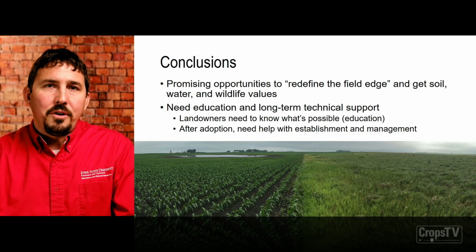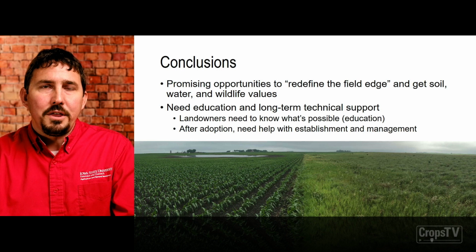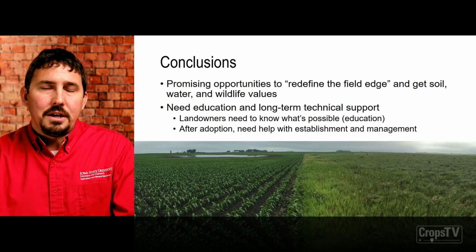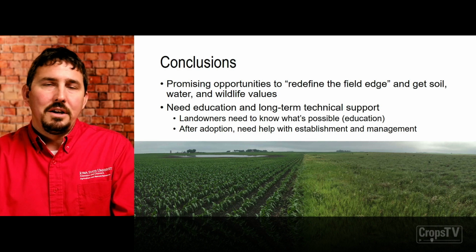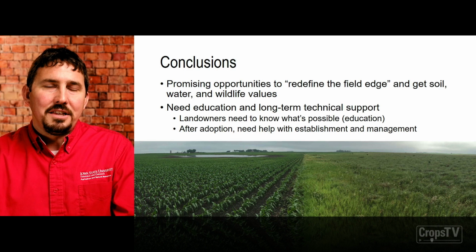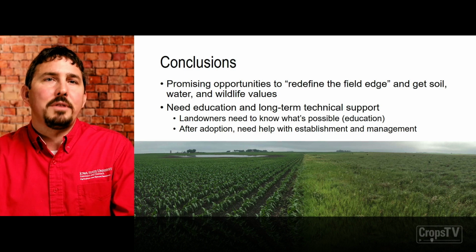What we know from the 4 farms that we worked with is you do not want to plant these CP23 mixes very deep. You want to basically be scratching them into the surface, 1/8 of an inch deep type thing.